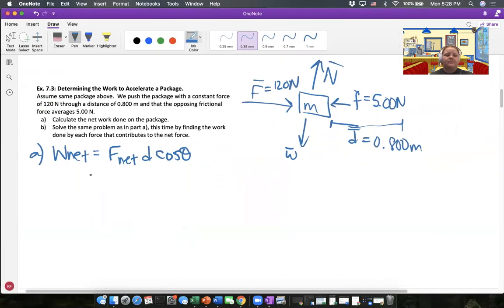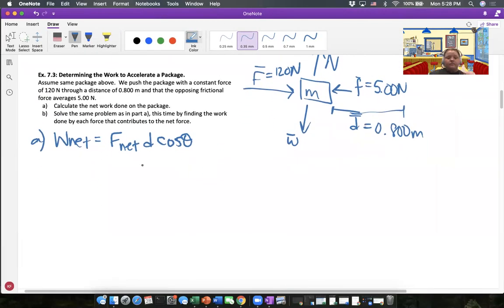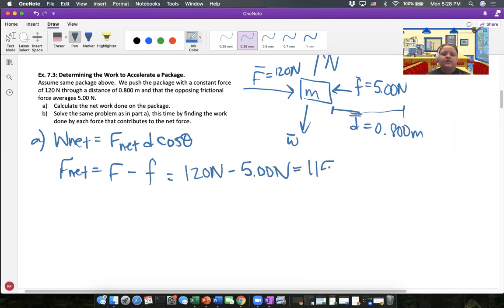Our net force, as we talked about already, is my applied force minus my frictional force, since it's going in the opposite direction. So we have 120 newtons minus 5 newtons, which is 115 newtons. Now I know my net force.